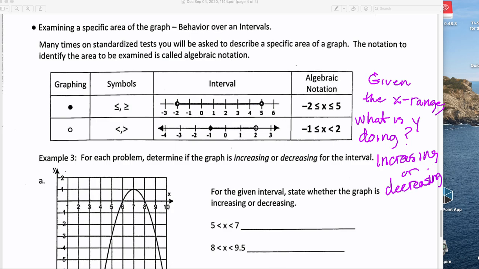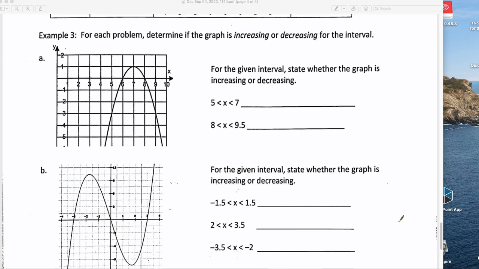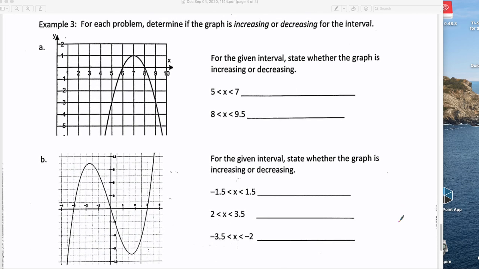Let's erase this. Scroll up a little bit. All right, for the given interval, state whether the graph is increasing or decreasing. Just exactly what I told you to expect. Our first interval for this graph is where x is between 5 and 7. So let's get a nice yellow and take a look at that. This is where x is 5, right here.